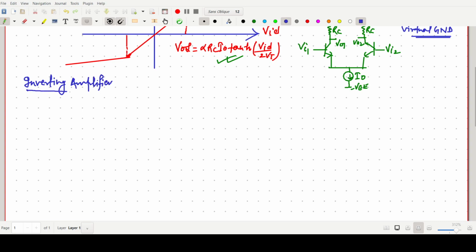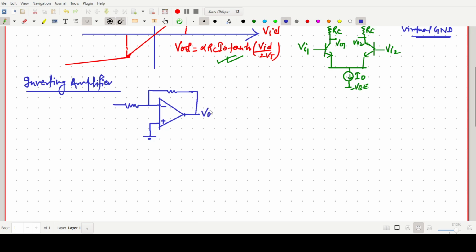Okay, so now for the inverting amplifier, first we have to draw the diagram. No need to remember the formula. Okay, I think everyone knows the formula, but how to derive this one we will talk.